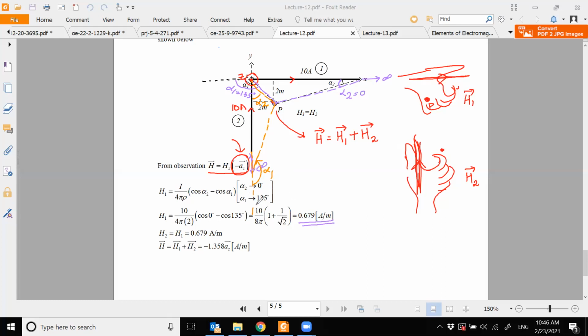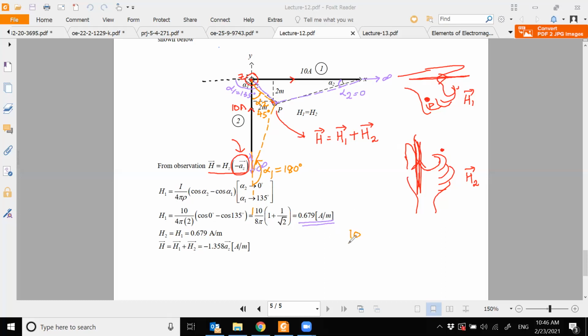As this tends to infinity, my alpha 1 goes to 180 degrees. And this alpha 2, we just now found out it is 45 degrees. So substitute alpha 2 as 45 degrees and alpha 1 as 180 degrees, you will get the same answer.